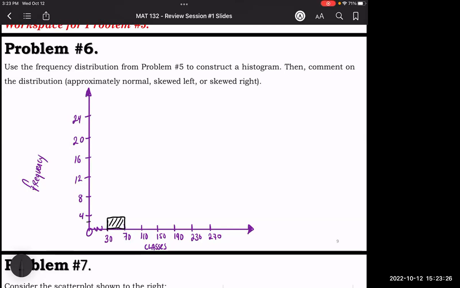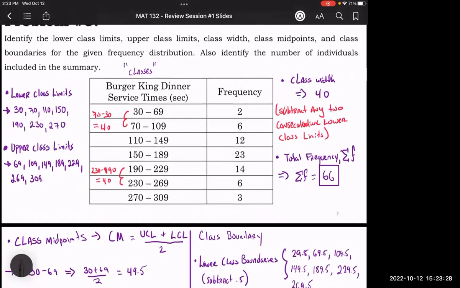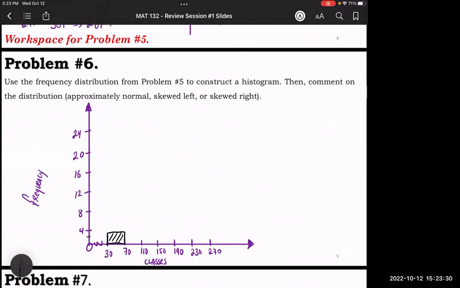Let's look at the next class. The next class has a frequency of 6. So where would the 6 be located? Between 70 and 110, definitely, but on the scaling of your frequency, on the other set of axes, the middle of 4 and 8. That's right.